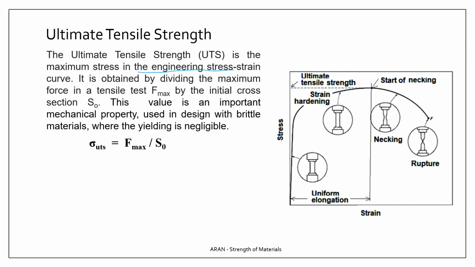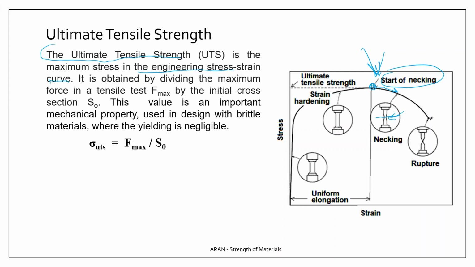In the engineering stress-strain curve, we have a maximum stress or force point at the start of necking. This is due to the necking, and if the cross-section of the specimen decreases, then the force needed to continue the deformation will drop, and we will see a maximum. This value is called the ultimate tensile strength of the material.